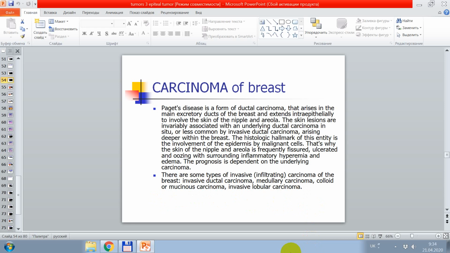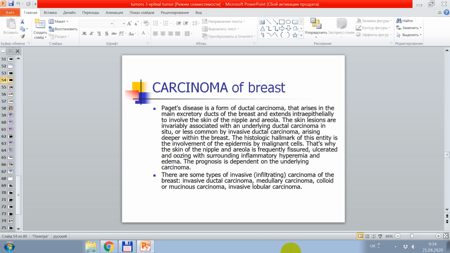Paget disease is a form of ductal carcinoma that arises in the main excretory ducts of the breast and extends intraepithelially to involve the skin of the nipple and areola. The skin lesions are invariably associated with an underlying ductal carcinoma in situ, or less commonly an invasive ductal carcinoma arising deeper within the breast.